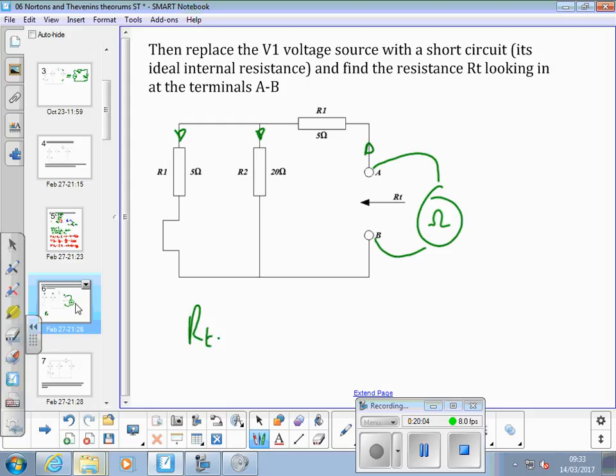Our Thevenin resistance is that looking back in there. How can I calculate that? I've got parallel.